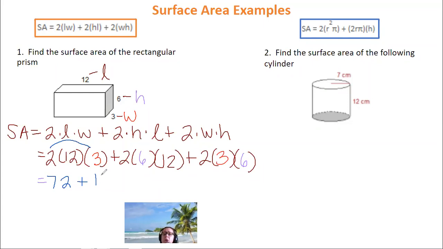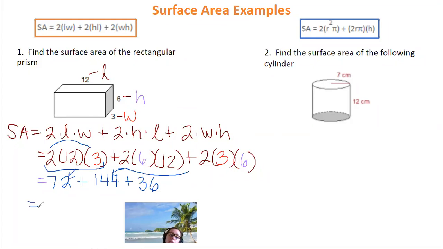And let's make sure we're all doing these calculations. And then what about that last one? What's 2 times 3 times 6? Or 6 times 6? Everybody knows what 6 times 6 is. Yes, 36. Very good.